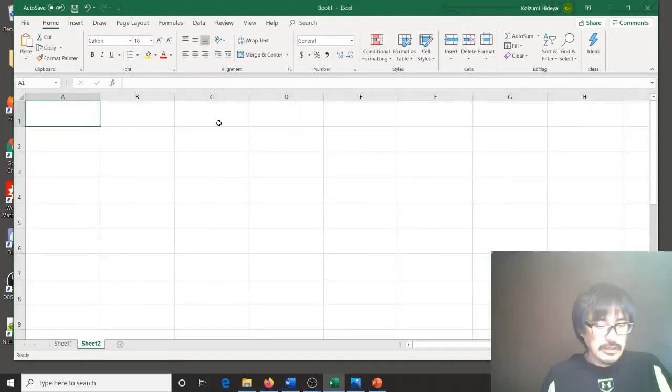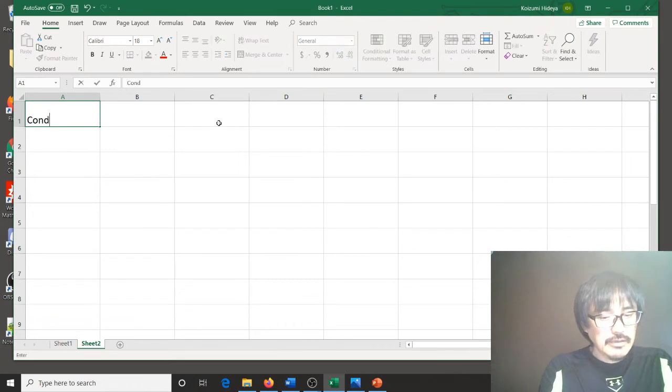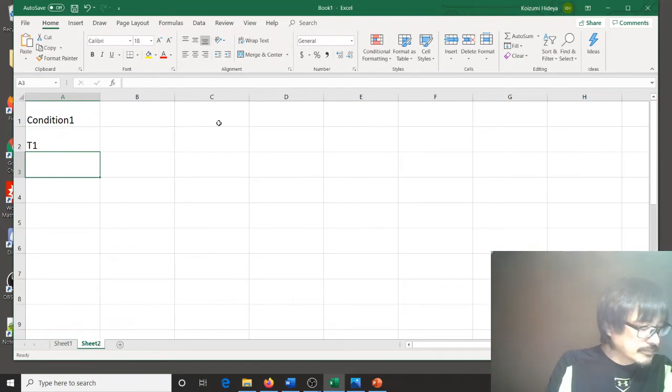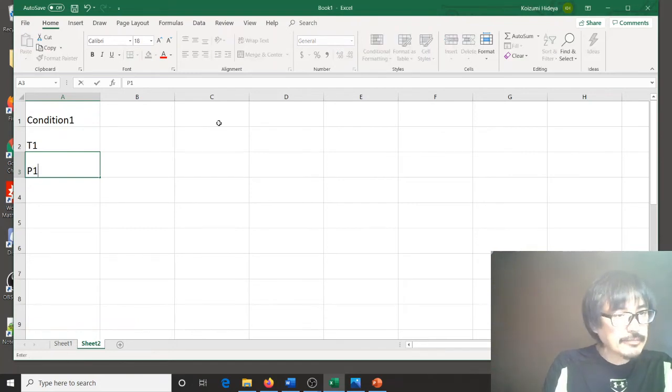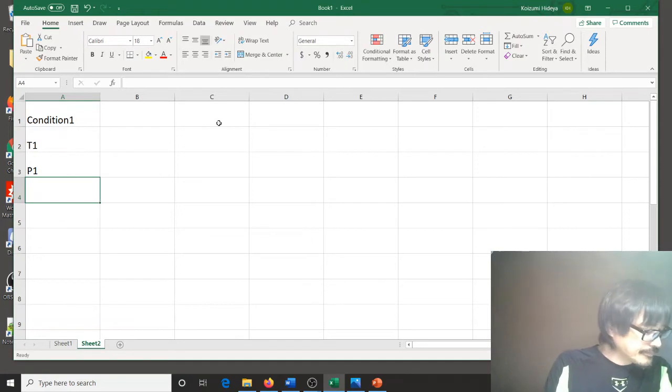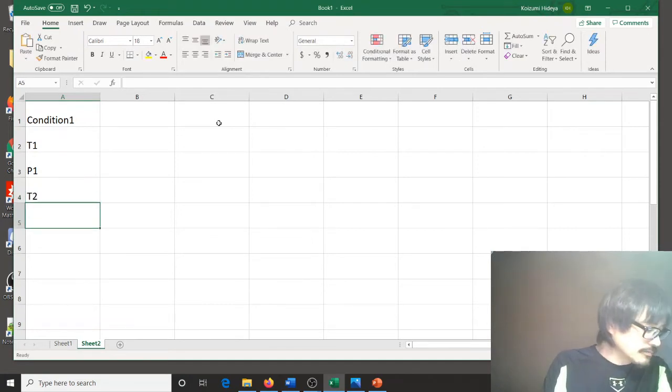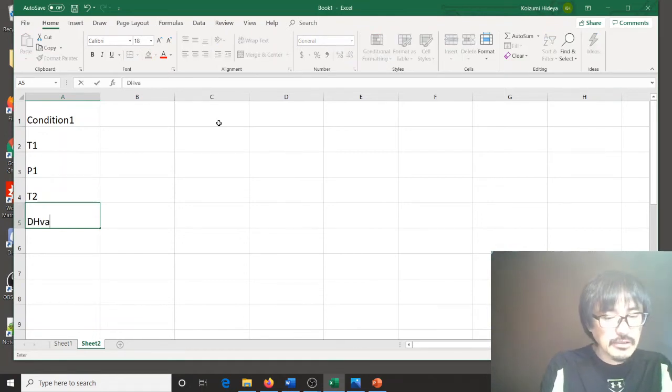So I'm gonna write out condition 1, I got the temperature T1, and then P1, and then T2 is also known, and then delta H of vaporization is already known.